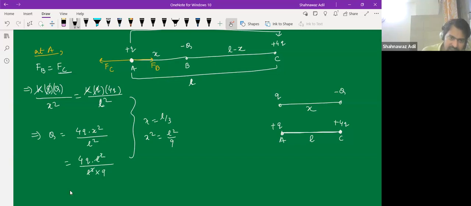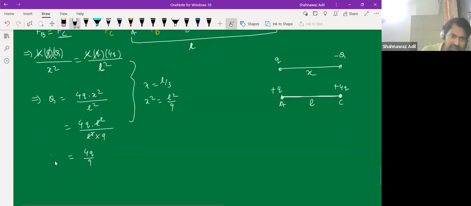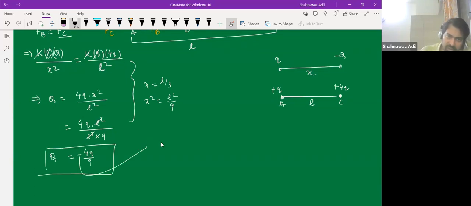This one cancels and we get 4Q by 9. And we know that polarity is negative. So this is minus 4Q by 9. Nature is negative. Did you understand this part? So magnitude is 4Q by 9.